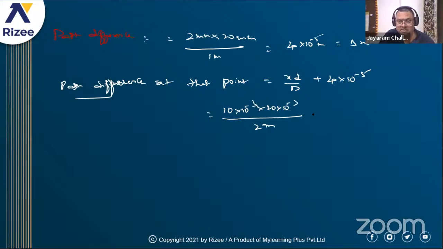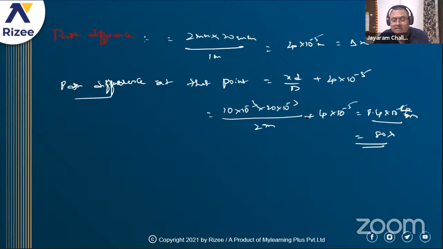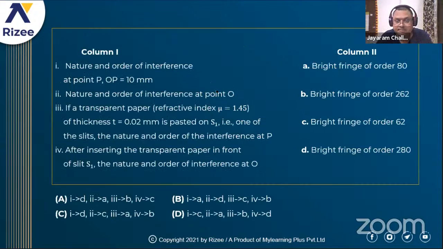Adding 4 into 10 to the power of minus 5, it comes out to be 1.4 into 10 to the power of minus 4 meters. So at this 1.4, if I write it in terms of lambda, it will be 280 lambda.